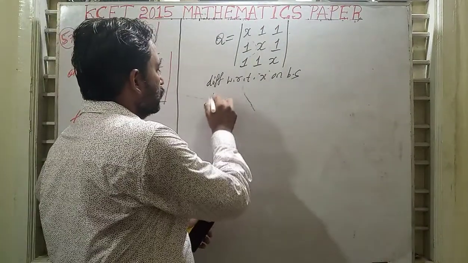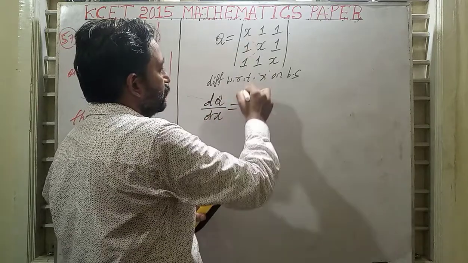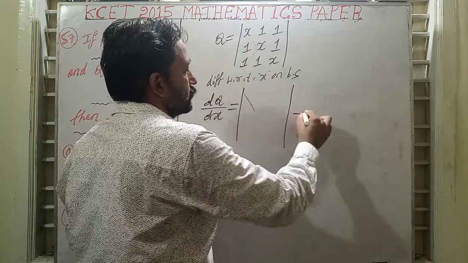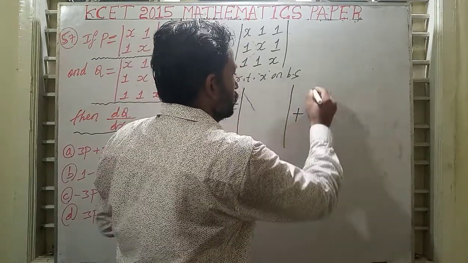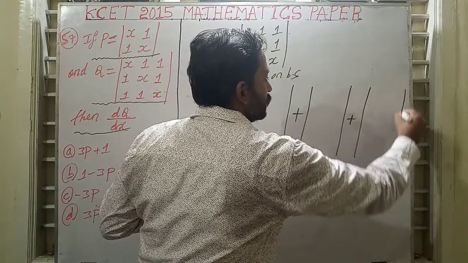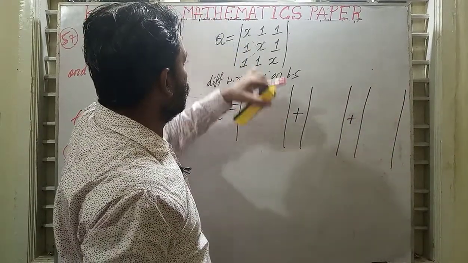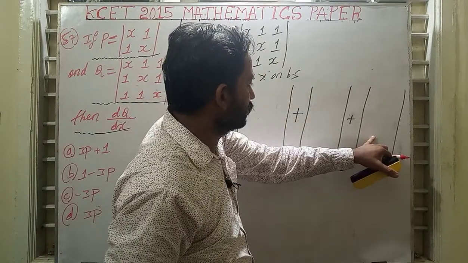So now dQ by dx is equal to the differentiation of the first row plus the second row plus the third row.